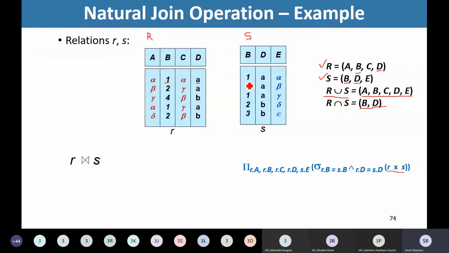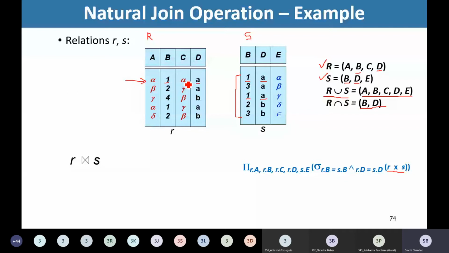So B and D, 1A, here B and D, 1A. Correct? With this alpha 1 alpha A, we are going to match the tuples. In cross product, for this first tuple, I'll have pairings with all those 5 tuples.